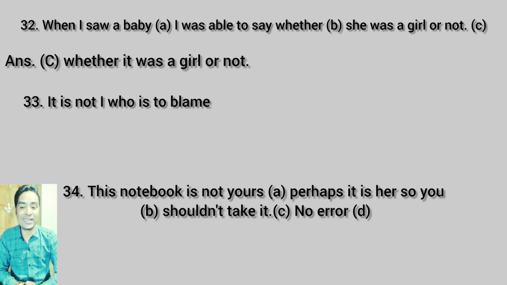Okay, next question, question number 33. It's not I who is to blame. What is the error? First let's do parsing of the sentence. Here I is subject, is is verb and not is an adverb. I is the subject. As you know, after be family verbs we use the subjective case of personal pronoun when we talk about formal English, British English, competitive examination English.